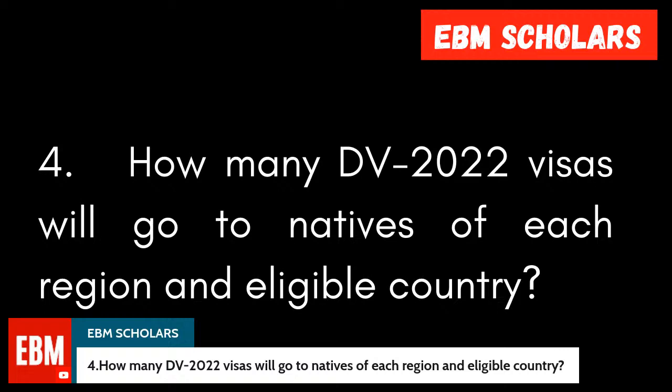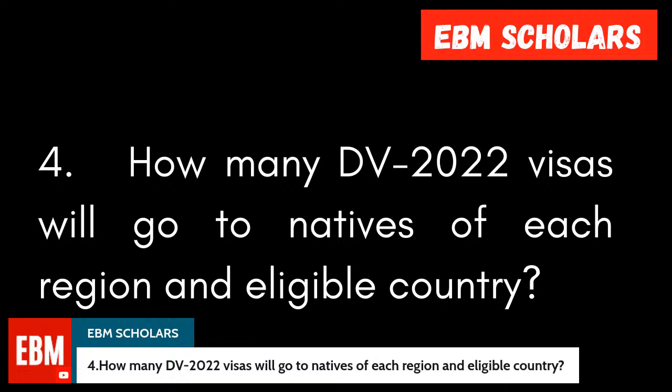That's why if you win, your case number will be DV 2022 AF, DV 2023 AF, or DV 2022 AS. AS means Asia, AF means Africa, EU means Europe, OC means Oceania, and so on.